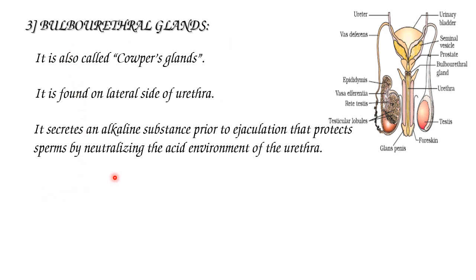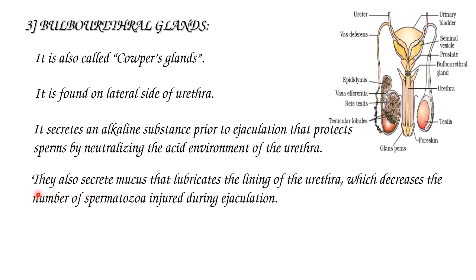The bulbourethral gland secretes an alkaline substance prior to ejaculation, that means the releasing of sperms, that protects sperm by neutralizing the acid environment of the urethra.